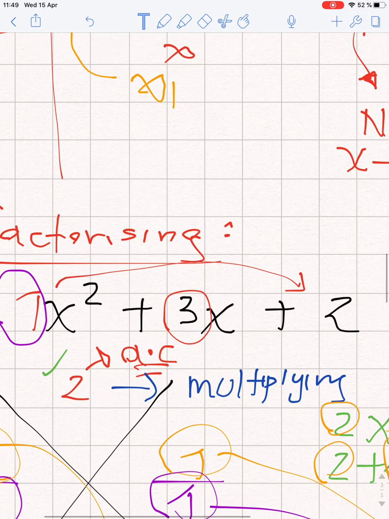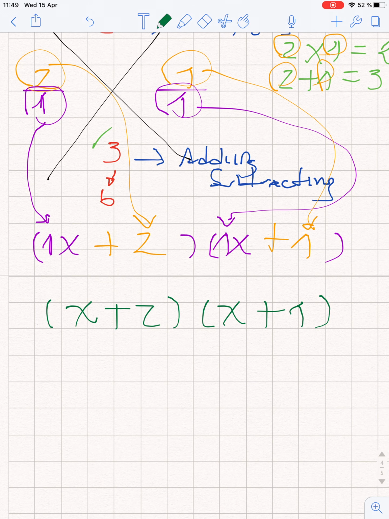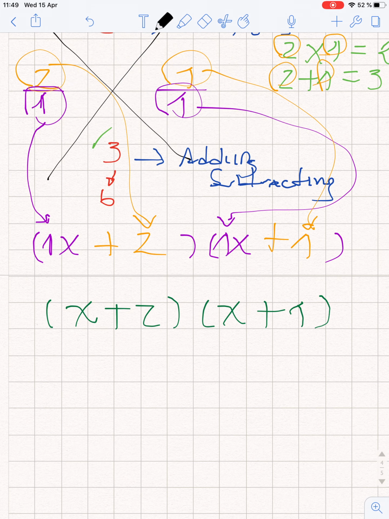Therefore, by taking the factorization answer, that is the two brackets, we're going to do the following step. We're going to make each bracket equal to 0. That means taking this bracket, x plus 2 equals 0, and this bracket, x plus 1 equals 0.